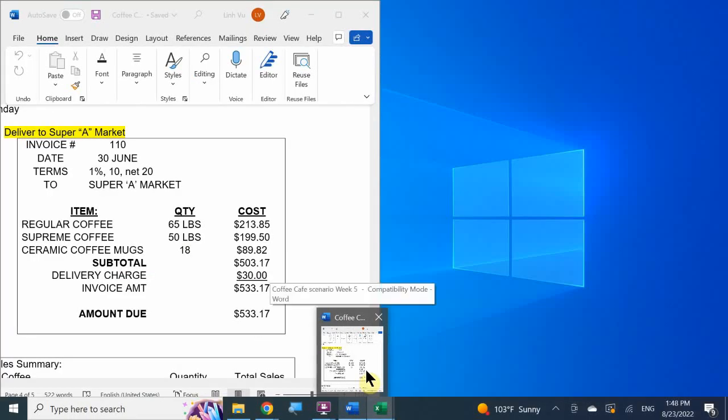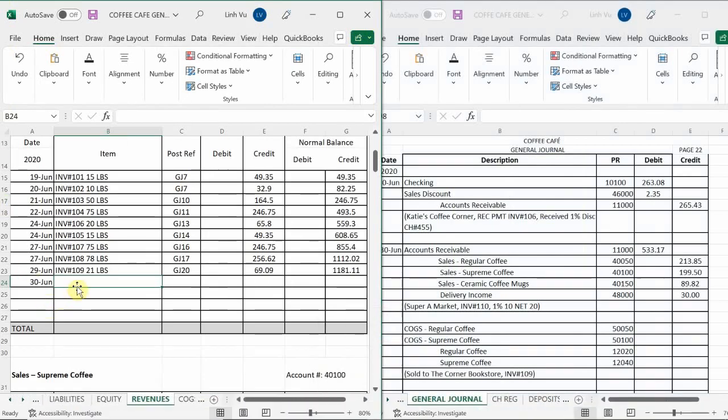How many pounds did we sell? We sold 65 of regular and then 50 of Supreme.